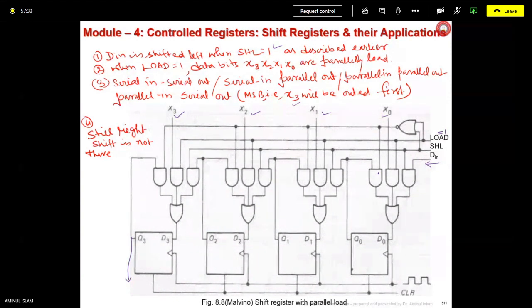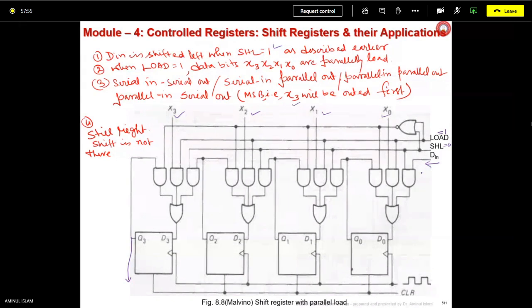Let us take this example. Shift left is equal to 0, I am taking. Then what is the output of the NOR gate? Tell. 0.